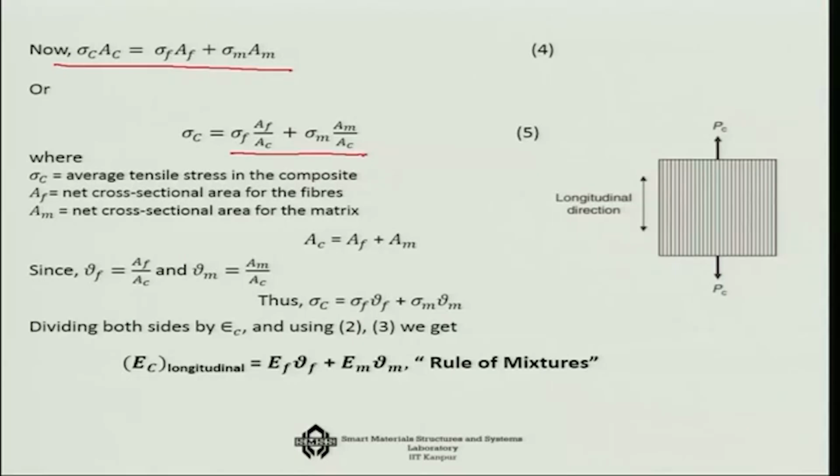Since you are considering the cross sectional area and a unit thickness of the system, AC is AF plus AM, and that is nothing but VF and VM. Hence sigma C is sigma F VF plus sigma M VM.